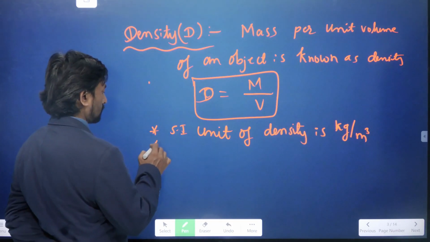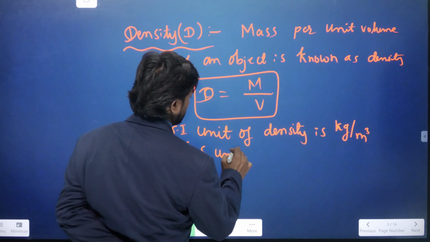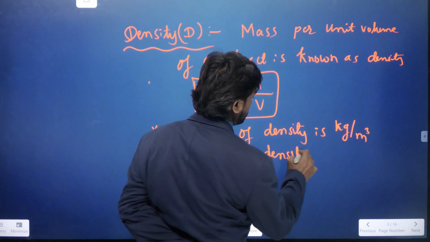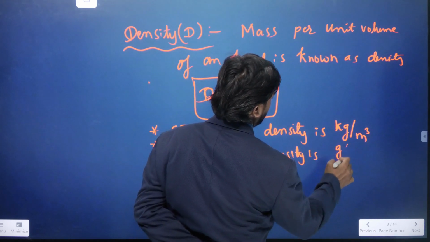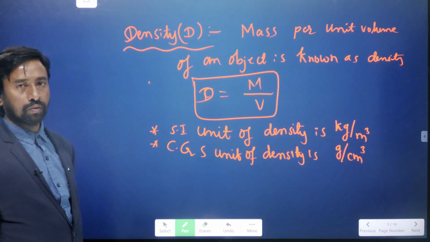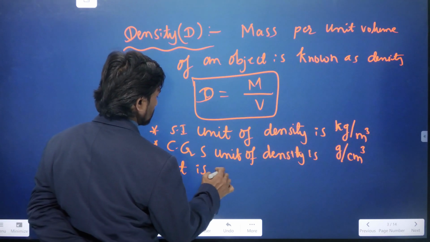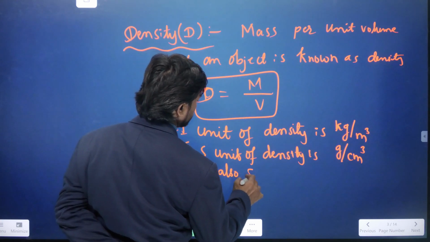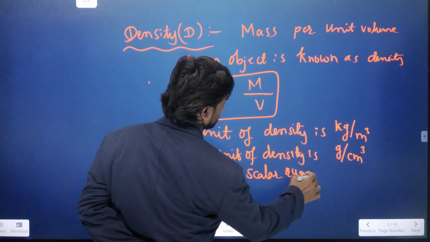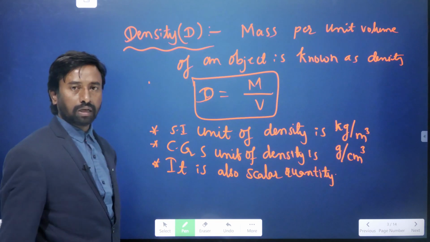Now the CGS unit of density is gram per centimeter cube. And density is also a scalar quantity.